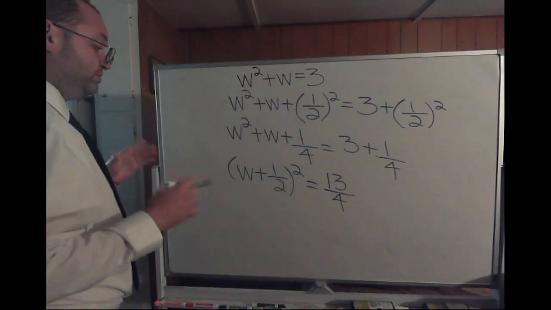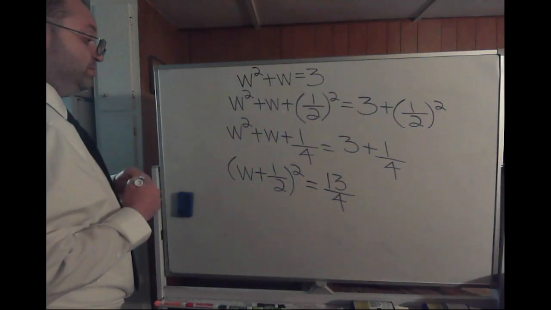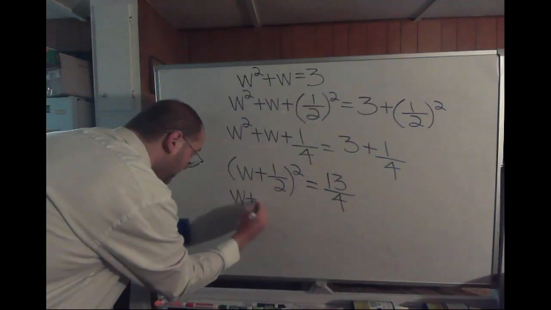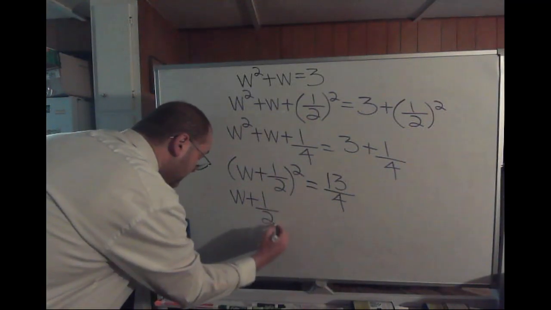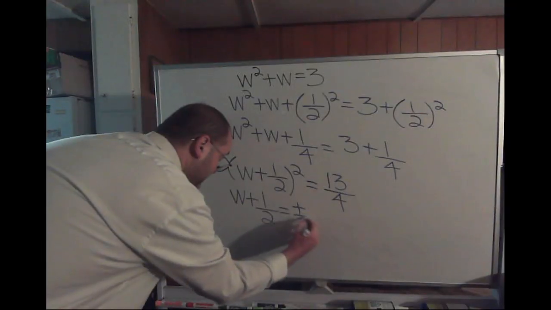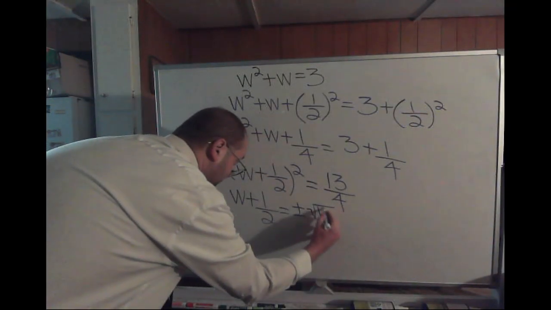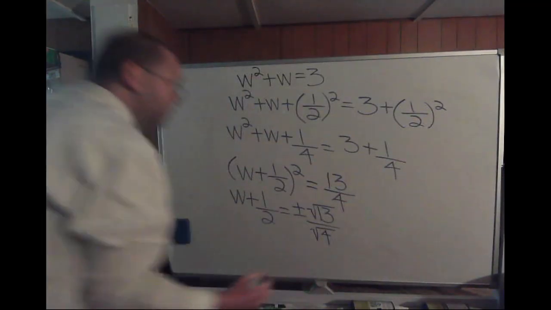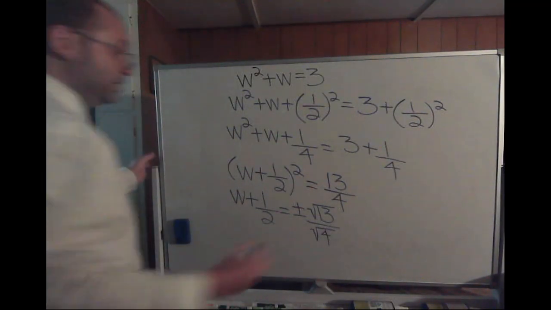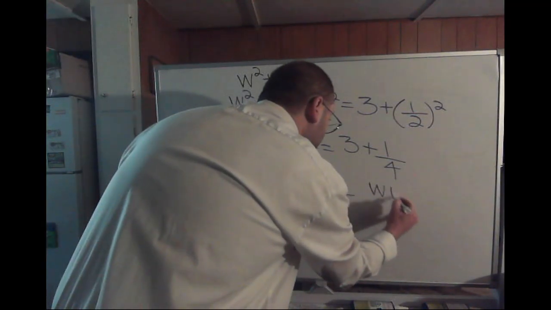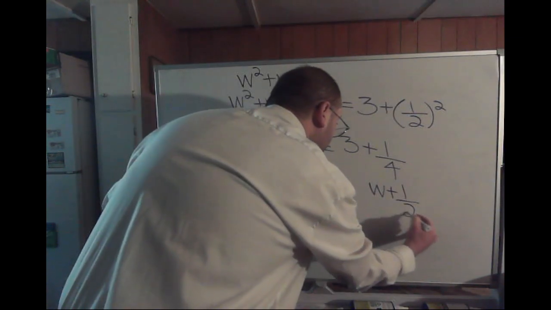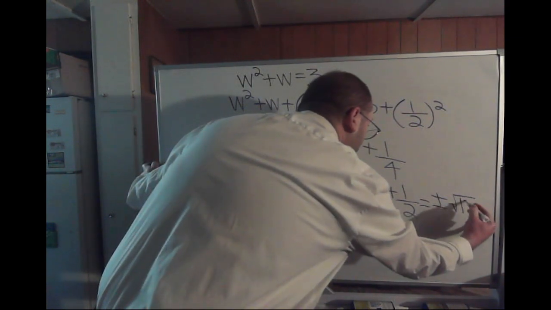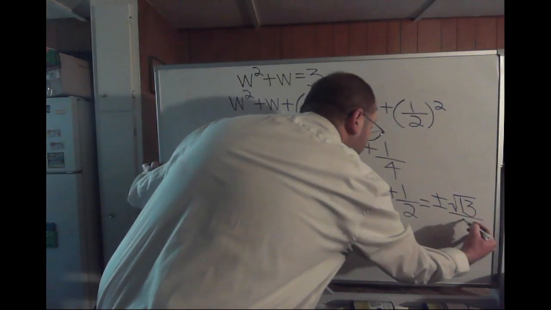Alright, so what we have to do now is take the square root of both sides. You'll get w plus 1/2 is equal to plus and minus the square root of 13 over the square root of 4, which we know is 2. So we have w plus 1/2 is equal to plus and minus the square root of 13 over 2.